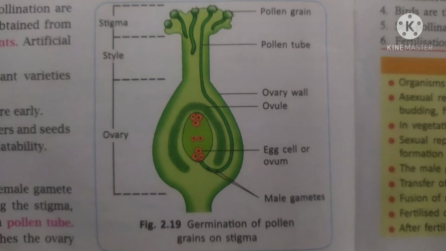This pollen tube carries two male gametes, and one of the male gametes will fuse with the egg which is present in the embryo sac of the ovule. As you can see, one male gamete fuses with the egg cell, also known as ovum, and that process is known as fertilization. That is the fusion of the male gamete with the female gamete, that is, the ovum or egg cell.